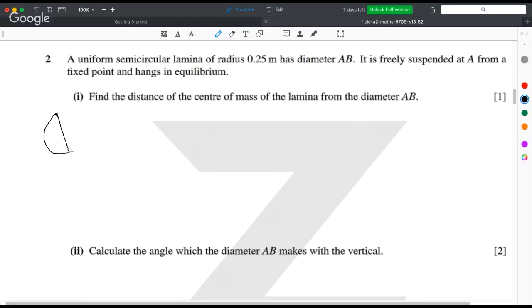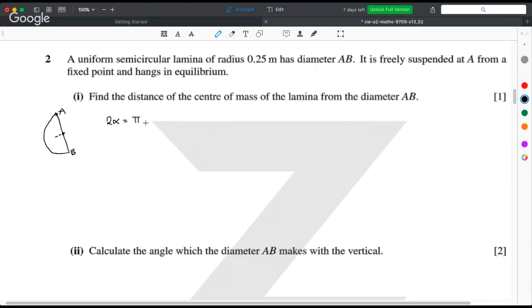And if you look up in the formula booklet, the distance of the center of mass of the lamina from the diameter AB, so this is A and B, I guess. So the distance here is given in the formula booklet for a semicircular lamina with an angle subtended of 2 alpha. So in our case, 2 alpha is equal to pi, because pi is the angle subtended.